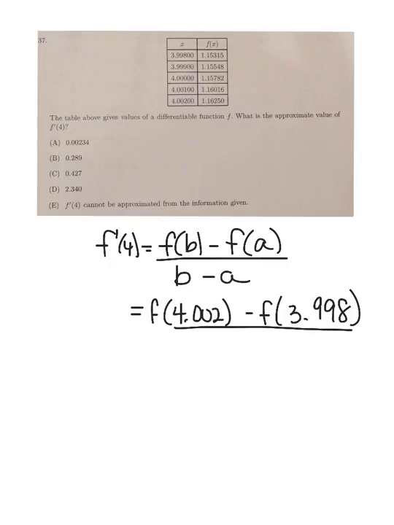I would go the same amount in either direction, but it doesn't matter. All right, so then we're over 4.002. Minus 3.998. Okay, and we know what f of 4.002 is. Look at it in the chart. And then just do the calculations in your calculator. So the answer is choice D.